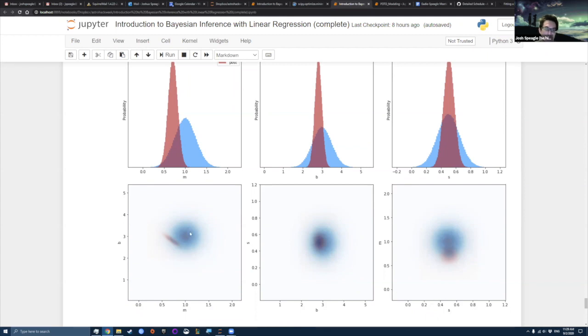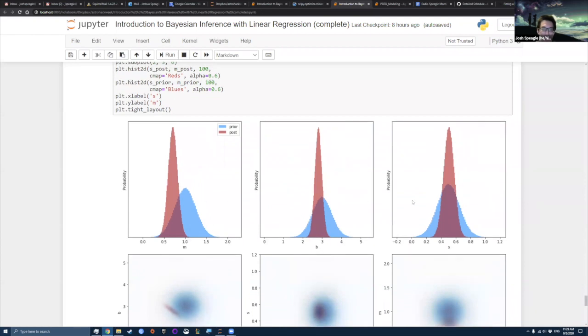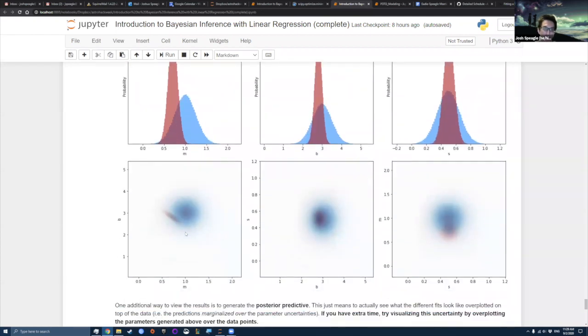You can see, for instance, that the uncertainties in B and the slope and intercept are very correlated, whereas it's not so correlated in some of these other parameters. And being able to visualize some of these allows us to say, for instance, that maybe our prior on the slope and the intercept was not such a good guess because the actual data seems to be suggesting that it's a little different than our prior beliefs.